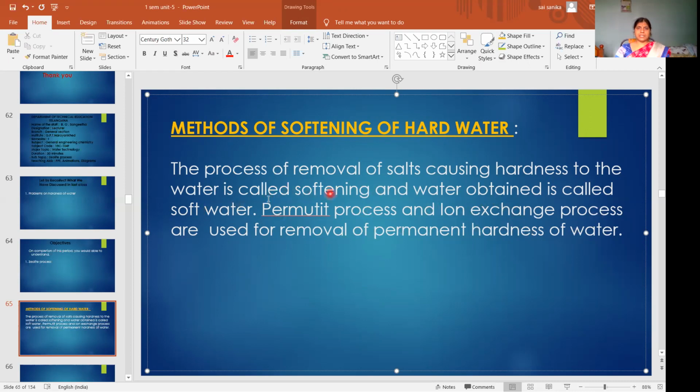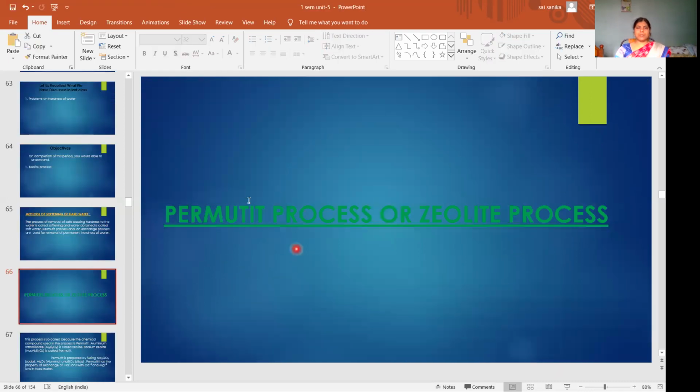In this period we are discussing the permutit process. This process is also called the zeolite process, permutit process or zeolite process. Why did this process get this name? Whatever chemical we are using in this process is called permutit or zeolite.